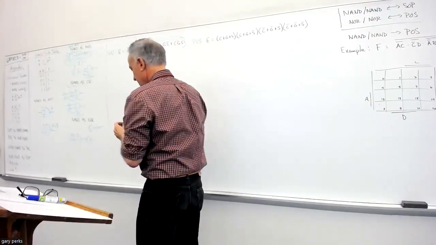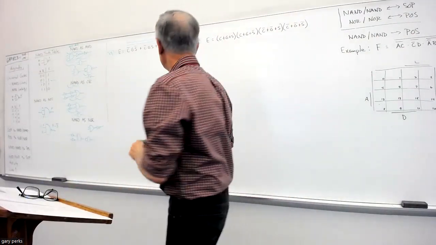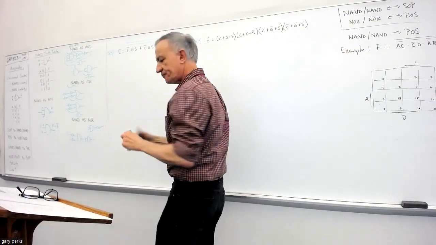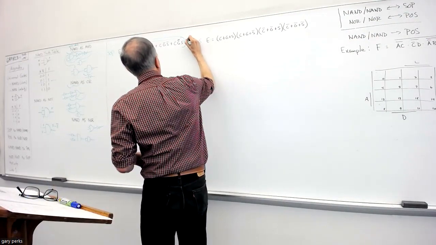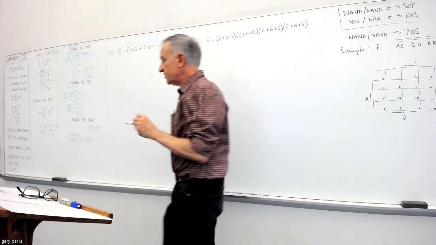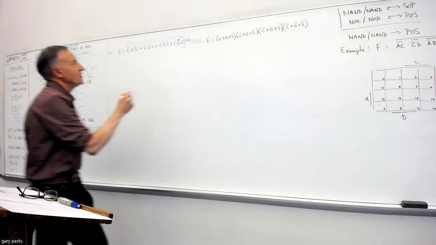I erased the other, let me fix that. I got rid of my black here. This is a NOT here, I just don't want to lose that. Right, this is a NOR. And then from De Morgan's, we know a NOR is the same as an AND with inverted inputs.